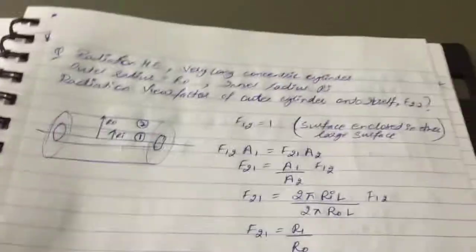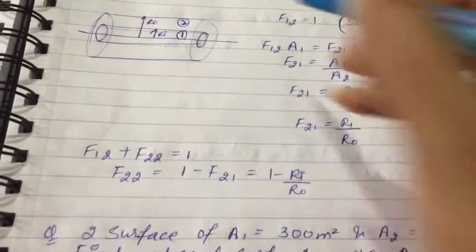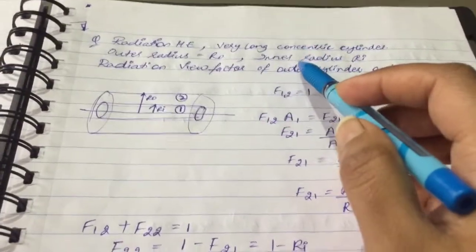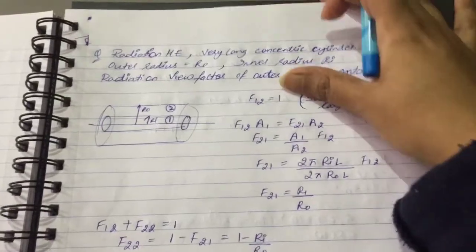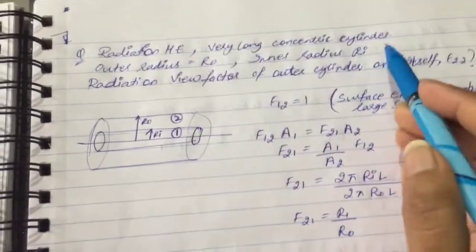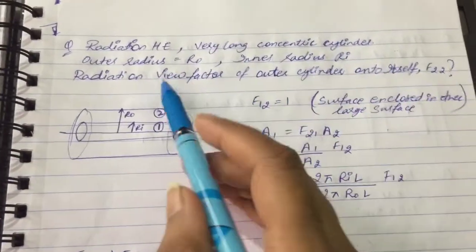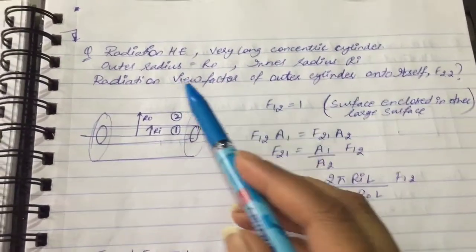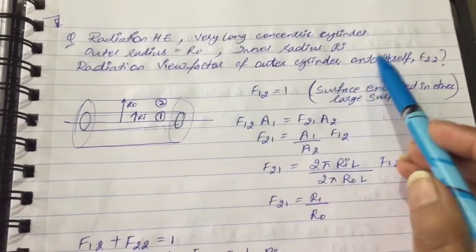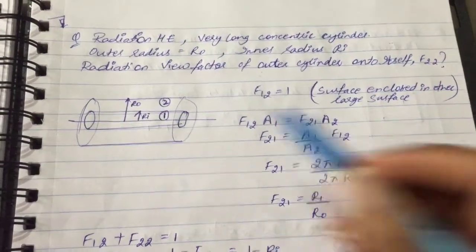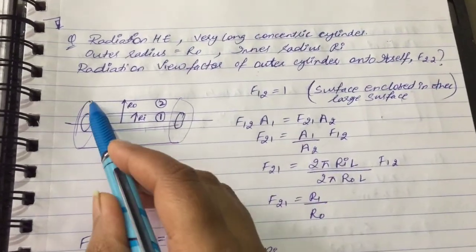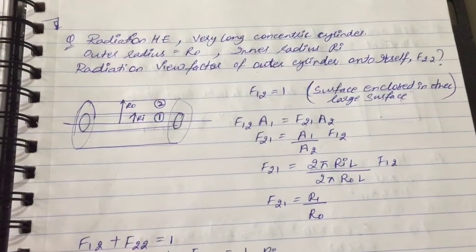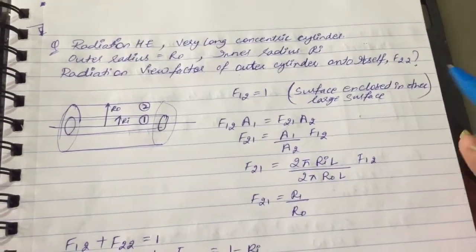Next question is, a radiation heat exchanger is given, and very long concentric cylinders are there. Outer radius is r0 and inner is ri. We have to find the radiation view factor of the outer cylinder onto itself. So the outer surface would be a convex surface, so it would have some value.